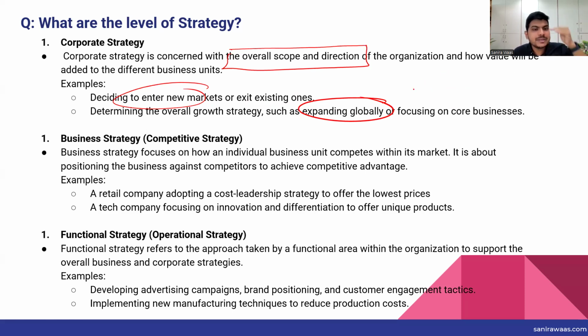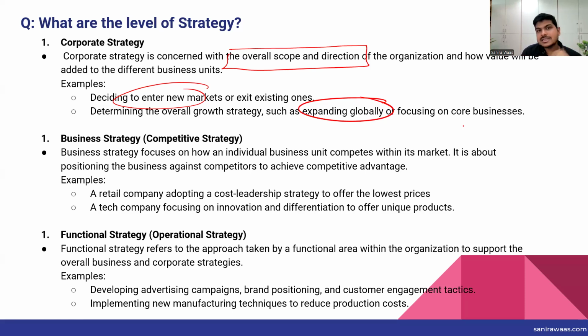Again, discussing the overall scope or direction of the organization is corporate strategy. Next, you have business level strategy, what we call competitive strategies, where we discuss small business units. For example, John Keells has multiple businesses. But John Keells as a whole, if they want to discuss expanding into Maldives or going to India, that is corporate strategy.